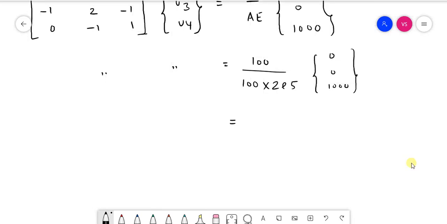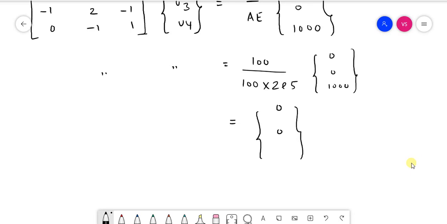If you do the simplifications here on the right hand side, you will get 1000 over 2e5.